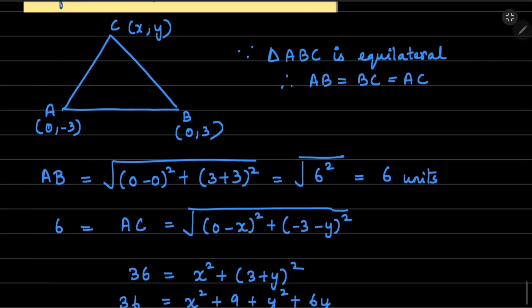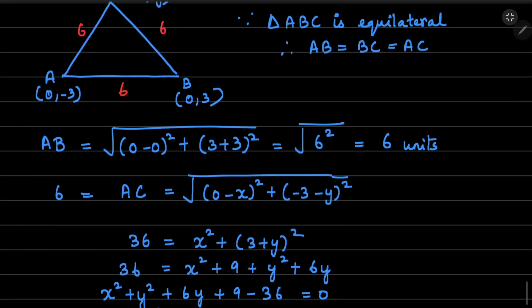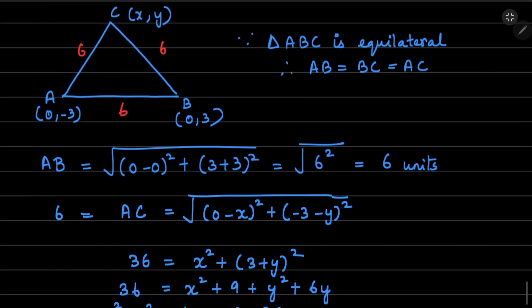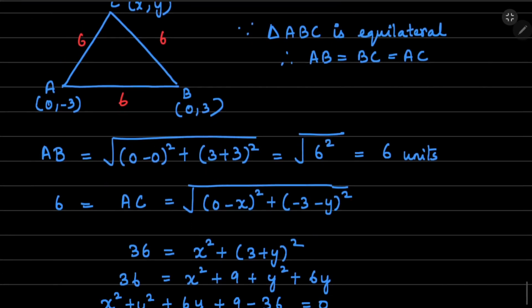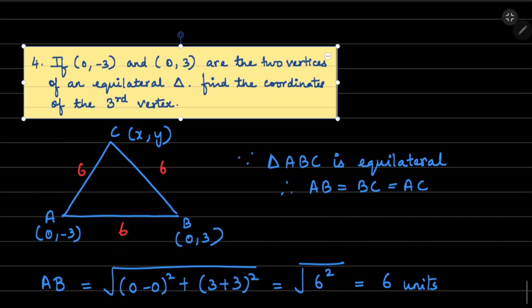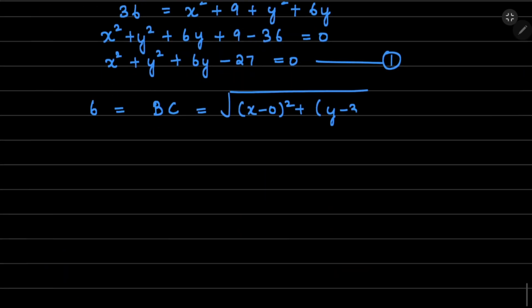Right? Similarly, we know the distance between B and C will also be 6 units. All of the three distances will be 6. So let us calculate for B to C. Okay, so 6 is equal to the distance between B and C, which is the square root of x minus 0 the whole square plus y minus 3 the whole square.